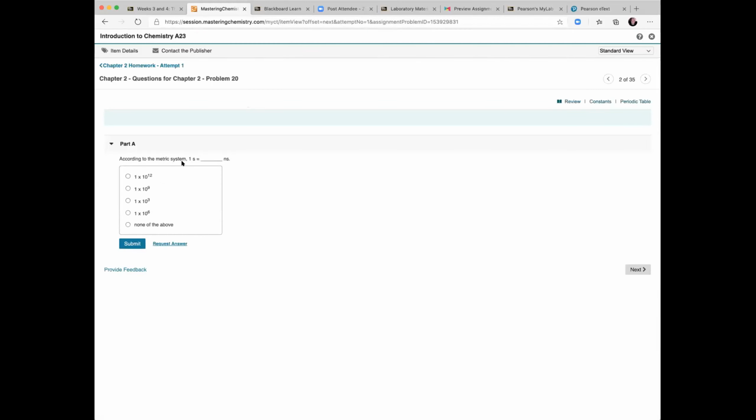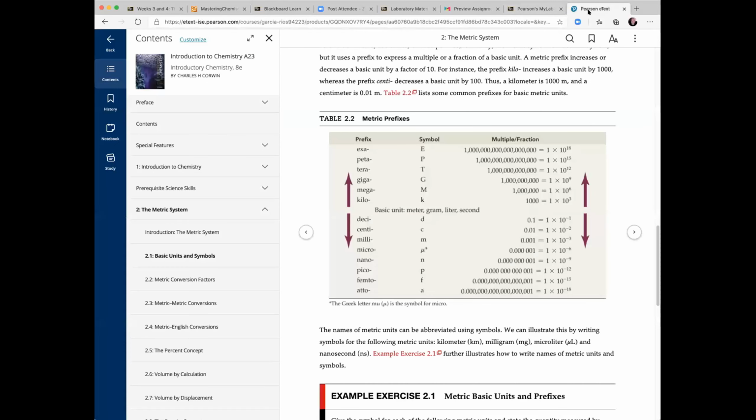According to the metric system, 1 second equals how many nanoseconds. Let's take a quick look at this and make one general comment. The units on top of the base unit are bigger than the base unit.